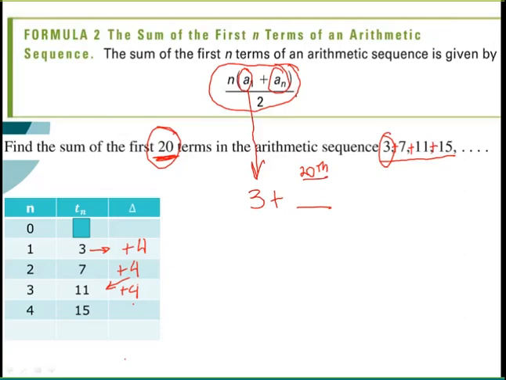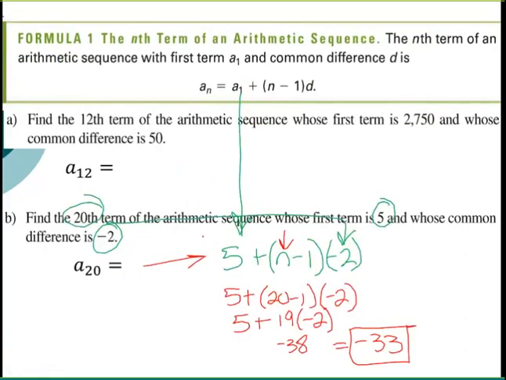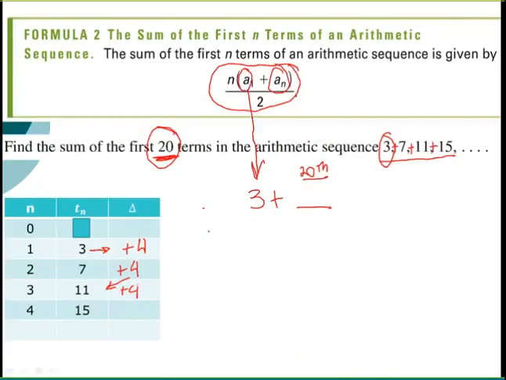But what we really would like to do is work our formula from the last problem, which says that the 20th term is a1 plus n minus 1 times d. And if I want my 20th term, I'm going to have to put a 20 in for n.